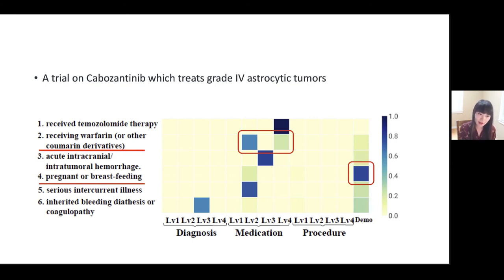What we want to highlight here is, in order to show how the attentional record alignment mechanism works, we have some case studies in our paper. Here we choose a trial which treats tumors. Compose successfully matches this trial while all the baselines fail. Let's take a look. Why is that?